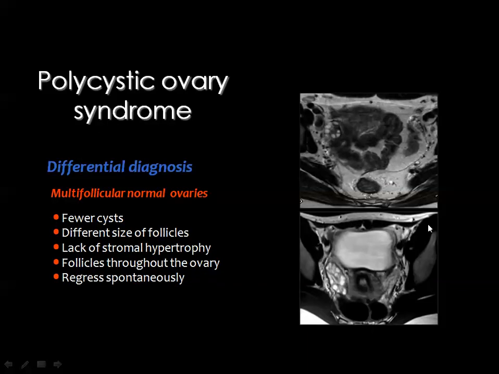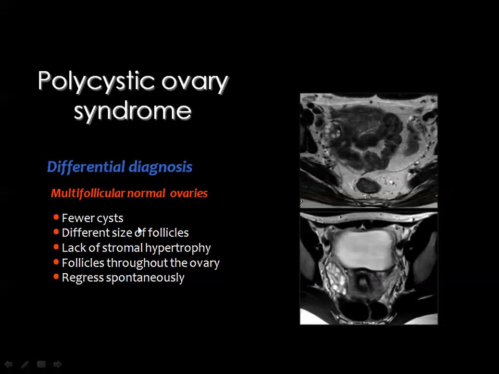Then this is the appearance of the polycystic ovary, and this is the appearance of the normal ovary. And here you see the central stroma is dark, and the peripheral capsule is also dark. And this is how to differentiate between polycystic ovary and the normal multifollicular ovaries.